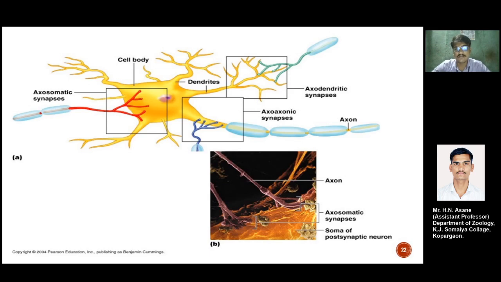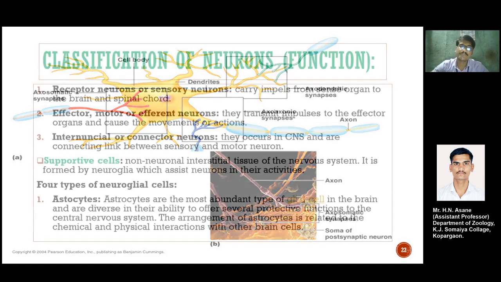The axon conveys a message to the cell body, which is referred to as the axosomatic synapse. These are the three main types mentioned in our textbook.